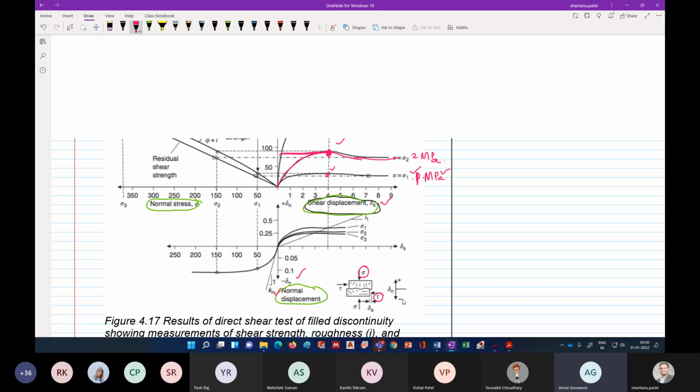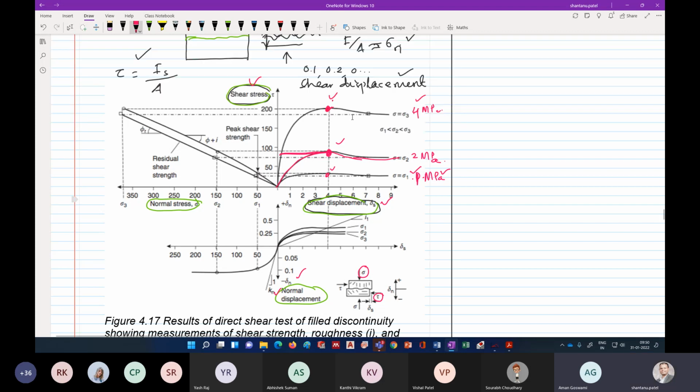Okay. Sorry, can you see this figure, or is it still blank? Can you see it now? Partially visible. Now it's visible, sir.